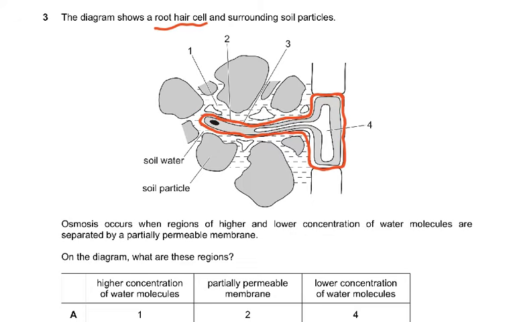One looks like the water in the soil, 2 is the cell wall, 3 is the cell membrane, and 4 is the cell inside. So let me just rub this off and then we can see this.